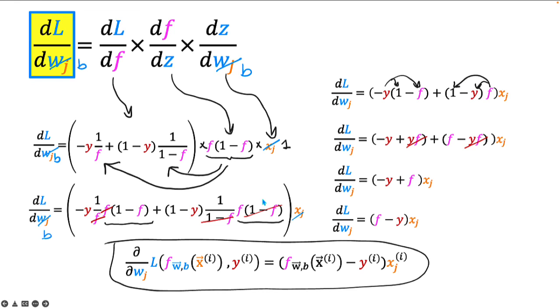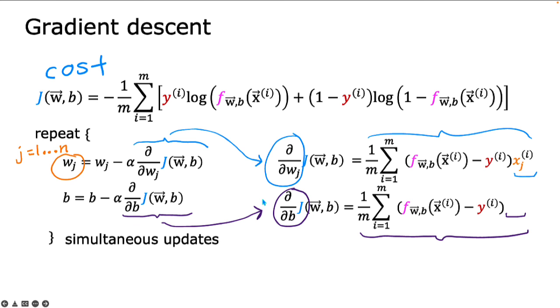Again do the same thing here, replace it with 1, and again replace it with 1. And so last step, take the derivative with respect to b of the loss. That's just going to be f of x minus y times 1. And recall, this is what you saw in the course videos. So I hope this gives you some insight into why these equations are the way they are.